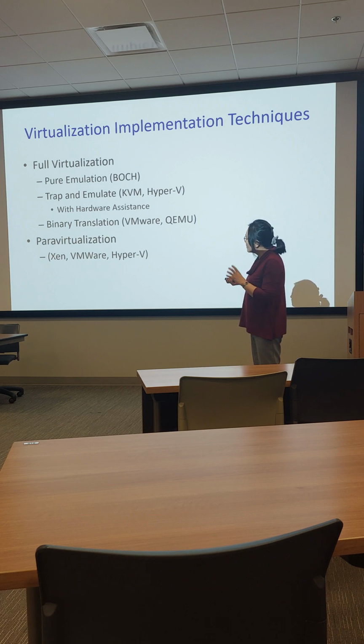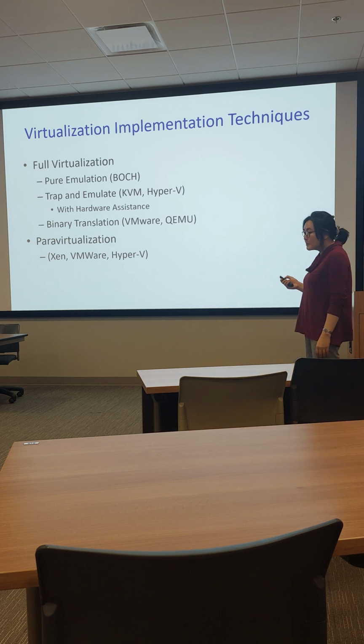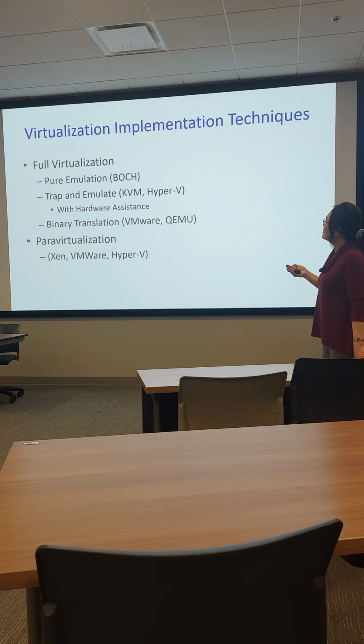Para-virtualization is basically where some of the issues you don't have to handle, because the OS is modified and explicitly tells you. So emulation is a way to implement full virtualization.